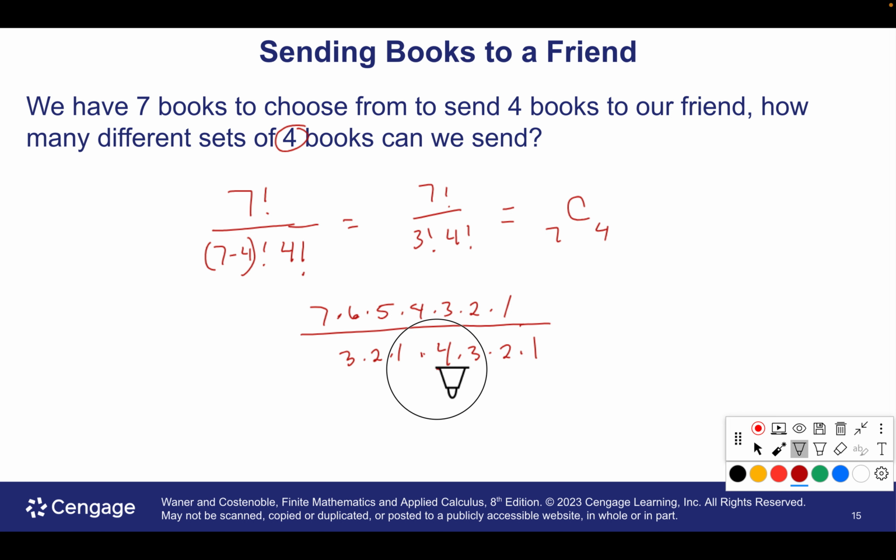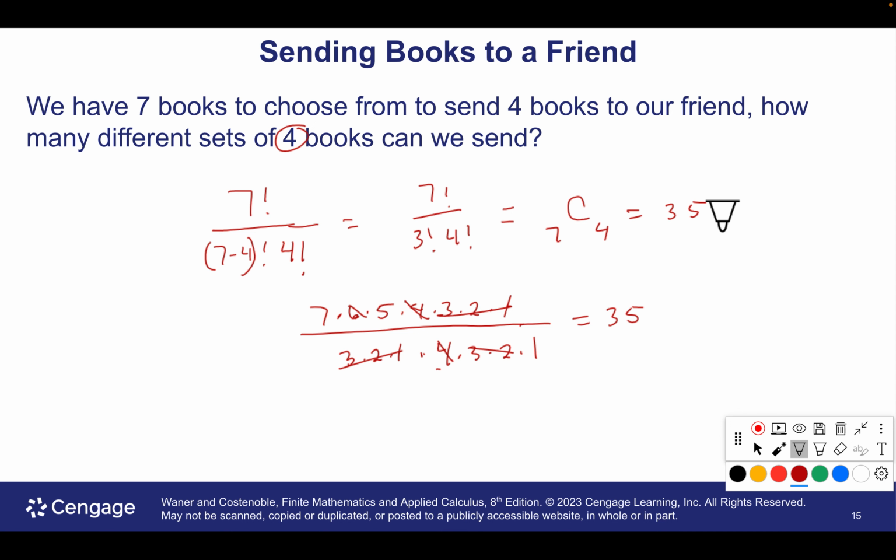And you can see this part cancels out. So this is the permutation on the top. Oh, and then we can cancel 4. We can cancel 3 times 2, which is 6. So we can cancel that and divide by 1. So 7 times 5, that is 35. And when we put this in our calculator, we got 35. So our calculator handles it all for us.